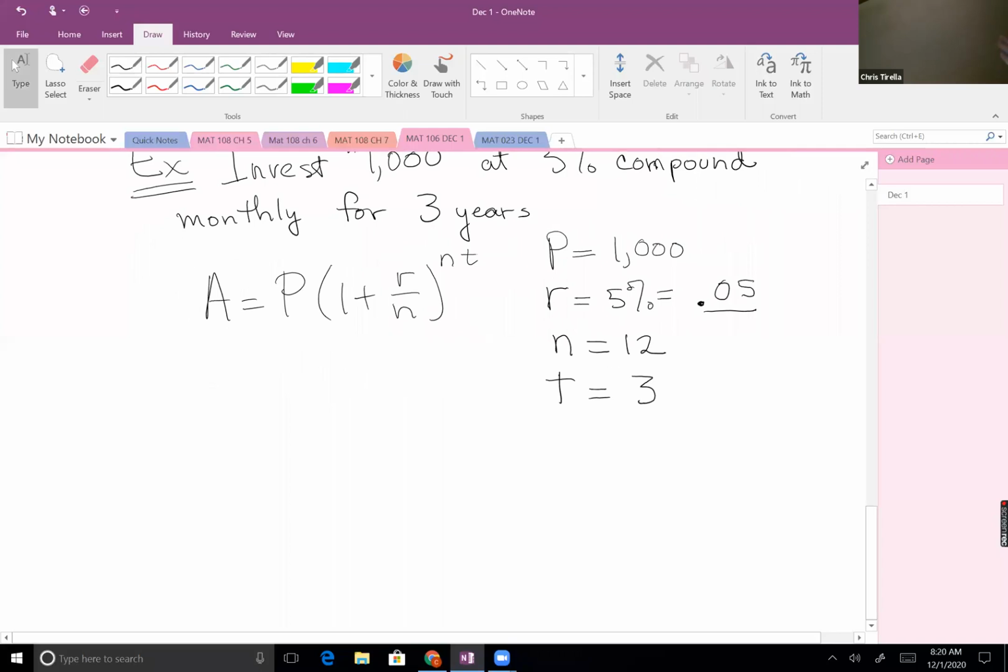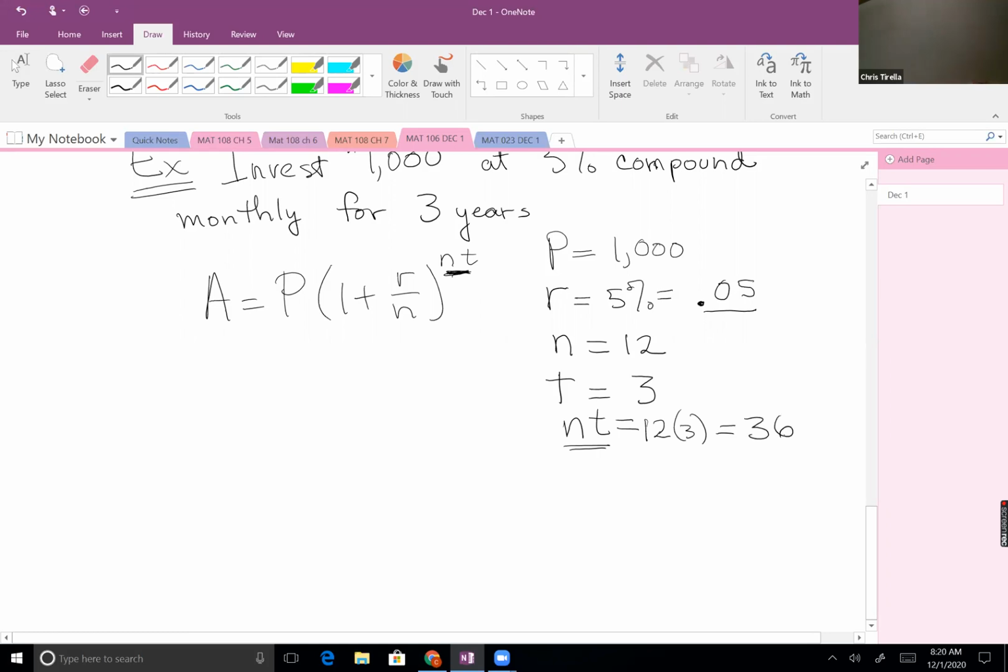Sometimes when I'm typing these formulas in, I reach a limit as to how many times I want to use my parentheses keys. So I find it easiest over here with this exponent, if when I define my variables, I take the time to multiply n times t, which would be 12 times 3, or 36.